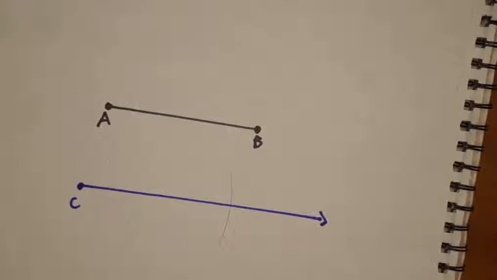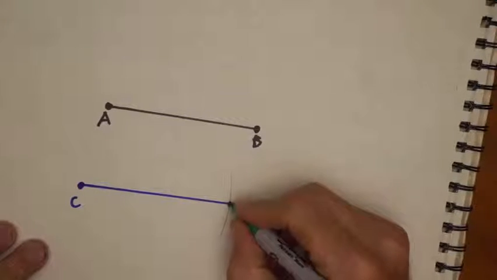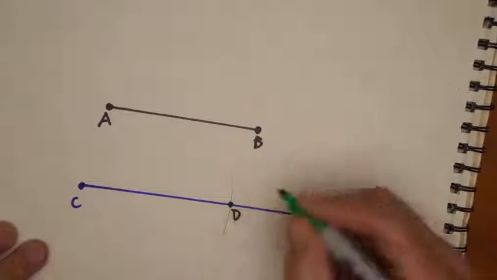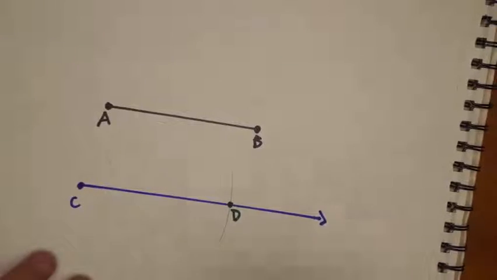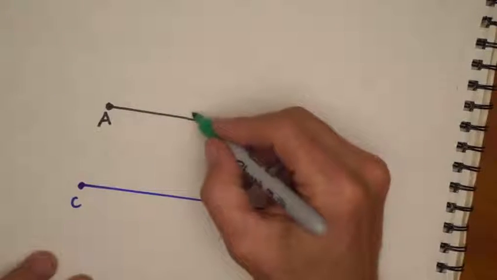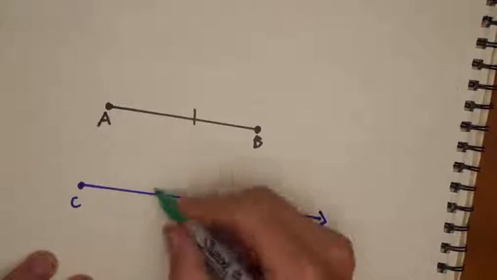Where the arc that you drew intersects with the ray, let's call that point D. And now we can say that line segment AB is congruent to line segment CD.